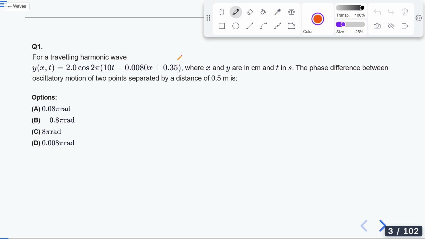If we compare this equation with the standard equation of wave, what is the standard equation of wave? y(x,t) equals a cos(2 pi nu t minus (k by 2 pi) x plus phi).